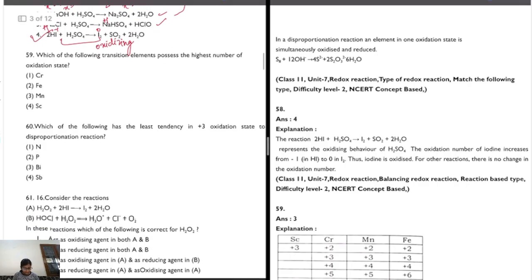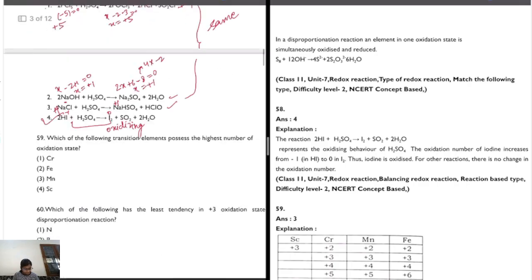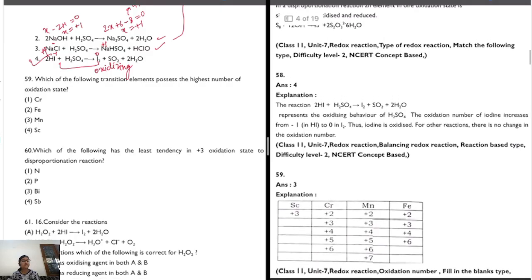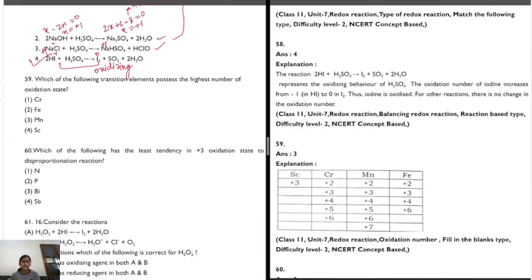In the next question, which of the following transition elements possess the highest number of oxidation states? See, it is a very well known fact that in the 3d series, that is scandium, titanium, vanadium, chromium, manganese, the highest number of oxidation states is of manganese. Why?